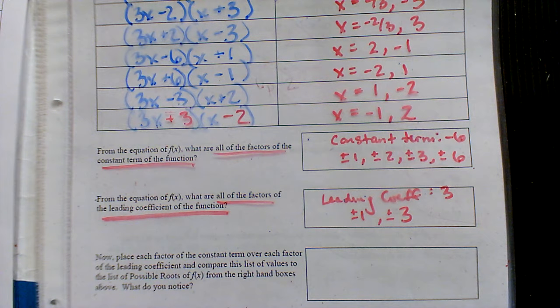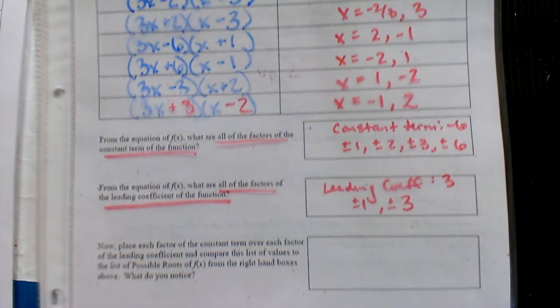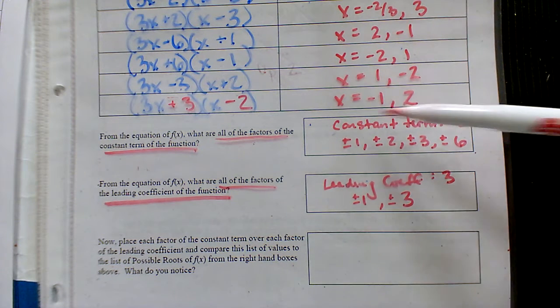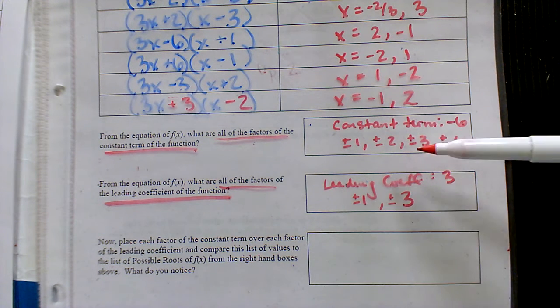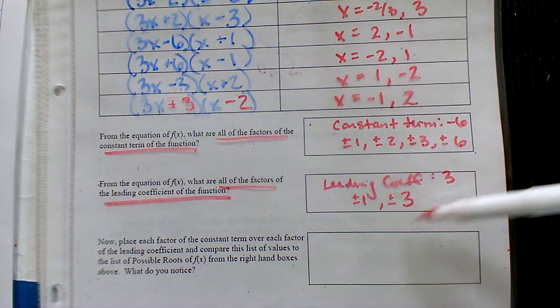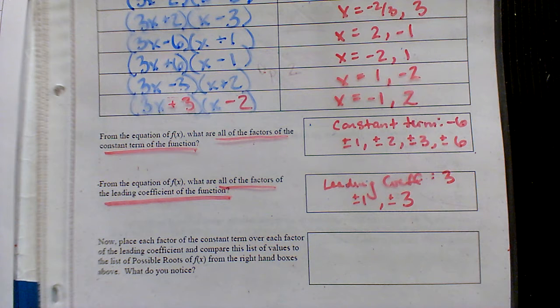That is another case. So I want you to take a look at something here. We're analyzing all the factors of the constant term, and we're analyzing all the factors of the leading coefficient term. The ones in the middle are important, okay, because they are part of the equation, but they're not necessarily important for us to analyze to help us figure out where x-intercepts are located. So check this out.